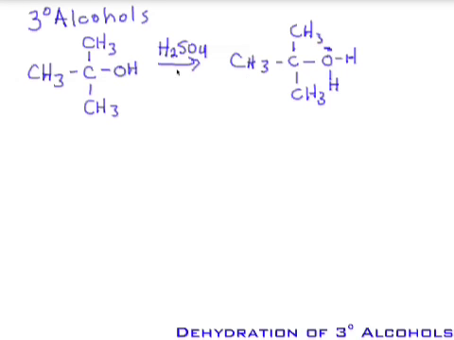Remember, when I use a triangle, that just means heat. I'll always give you the triangle, but it means enough heat to cause the elimination. In some cases it'll be several hundred degrees. In some cases it'll be near room temperature. Minus H2O, great leaving group. And we get the tert-butyl carbocation.